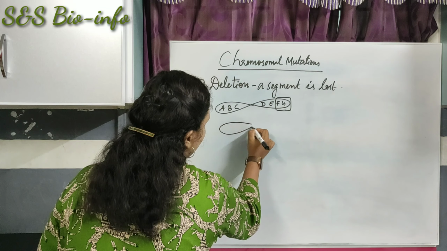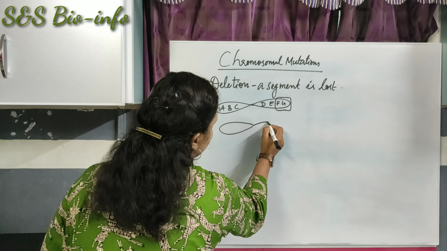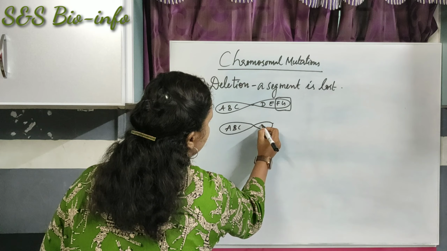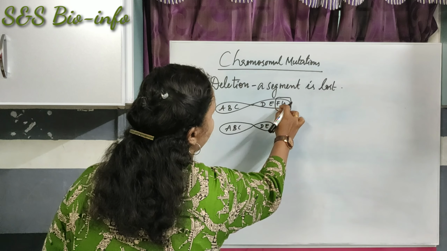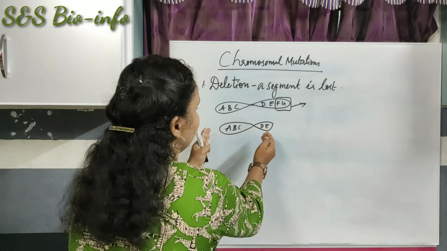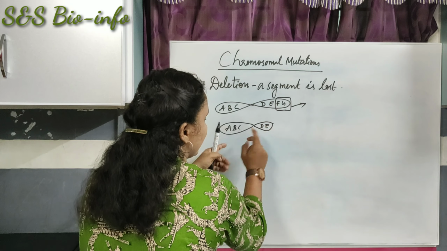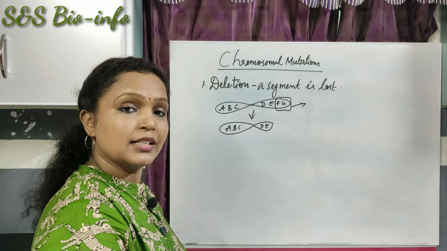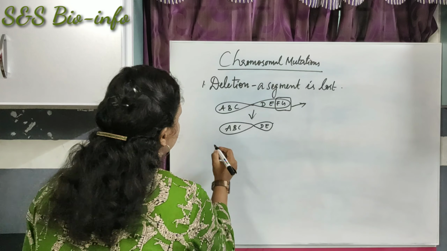So the structure looks like this, A, B, C, D, E. F and G have separated from this chromosome so that the structure of the chromosome changes like this. This is deletion.